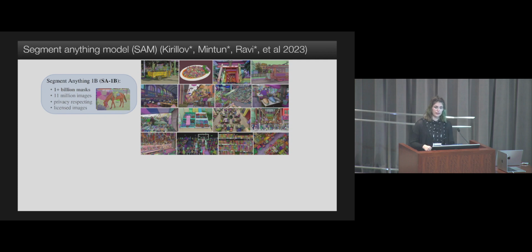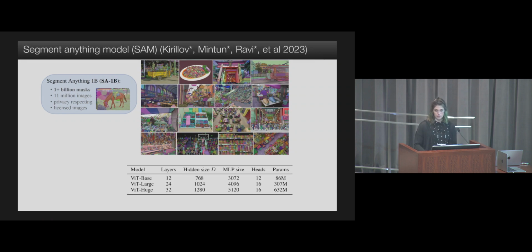And so looking into machine learning, there's this state-of-the-art algorithm for segmentation, Segment Anything, which has been trained on over 1 billion masks from 11 million images. And so they train this model to do this segmentation task that you can see here. And they train a large vision transformer model to do this task. They have multiple sizes.